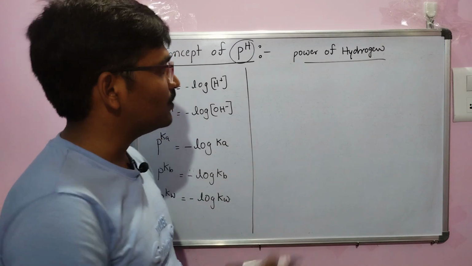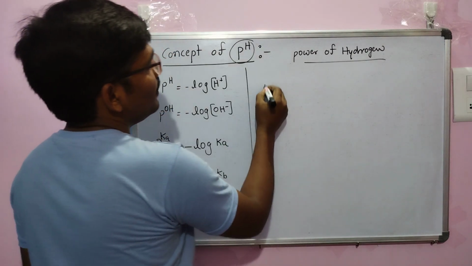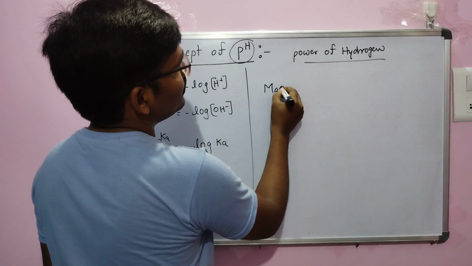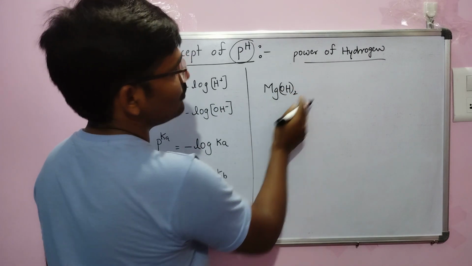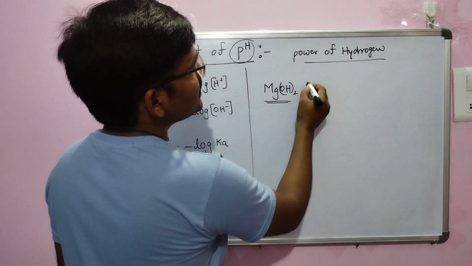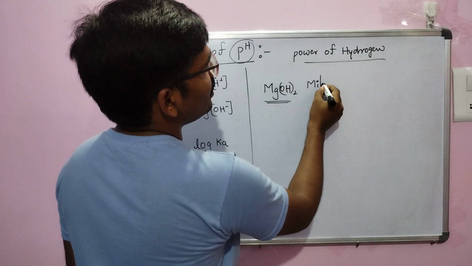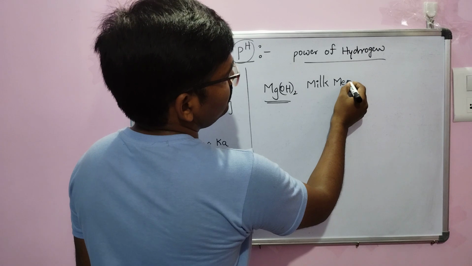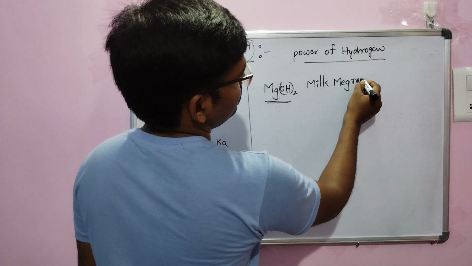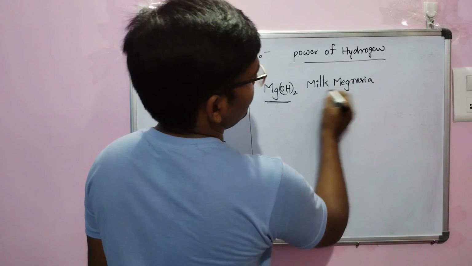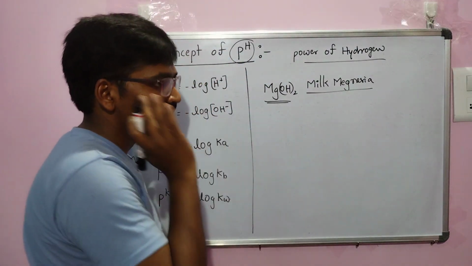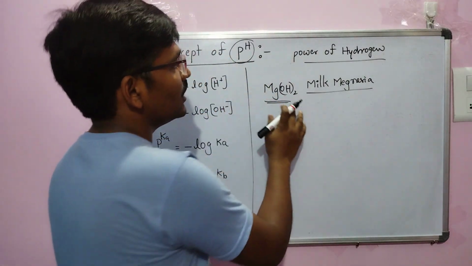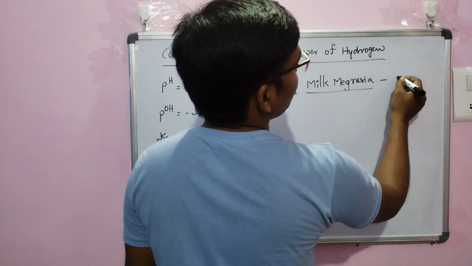Magnesium hydroxide, Mg(OH)2, is called milk of magnesia, and its pH value is 10.